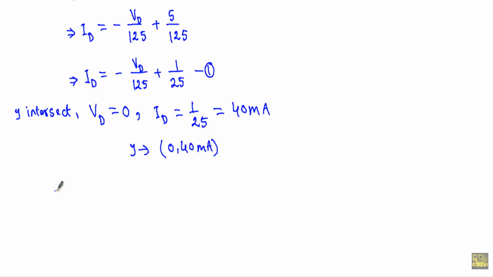Okay. If I want to find the x intercept, I will set y coordinate equal to 0, that means ID equal to 0.